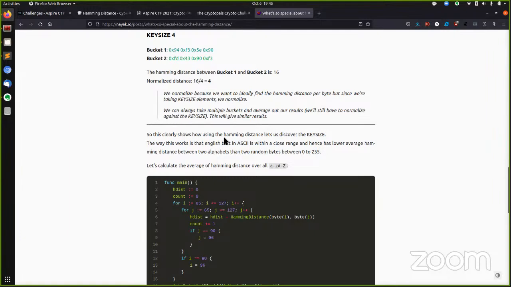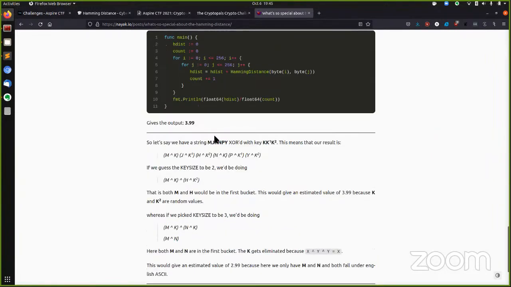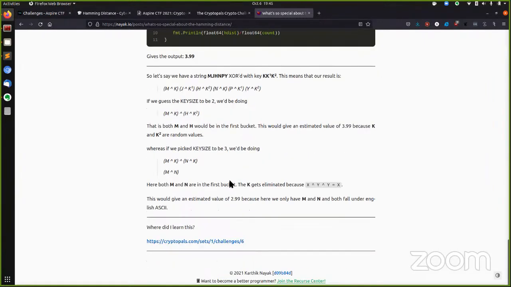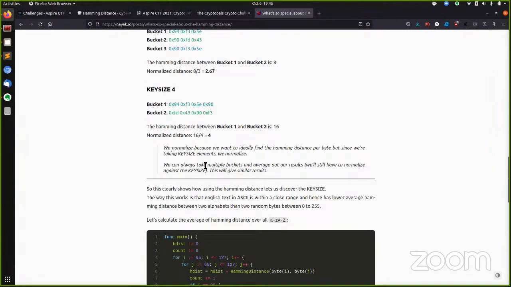So the lower the Hamming distance, the less random that data is. There's a lot more technical explanation here, but if you do want a better explanation, we can have a full session where we cover just the Hamming distance.